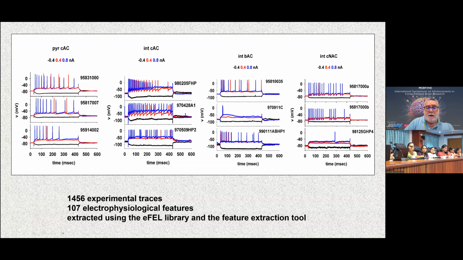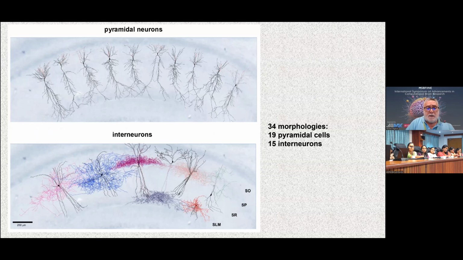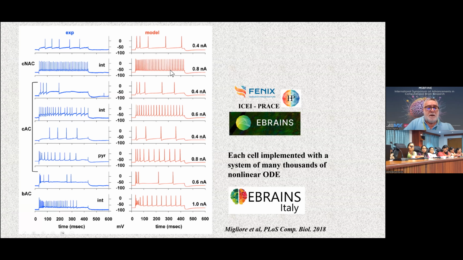in which anyone can run this kind of modeling from an online application. We also got different morphologies from UCL, for pyramidal cells or for interneurons. And this is a typical example of experimental traces and the model in different cases for different types of neurons and interneurons.